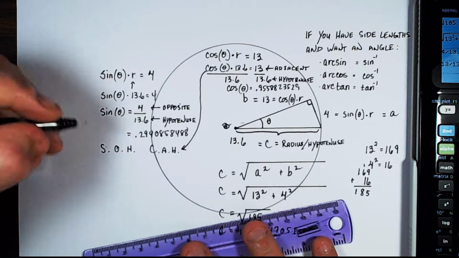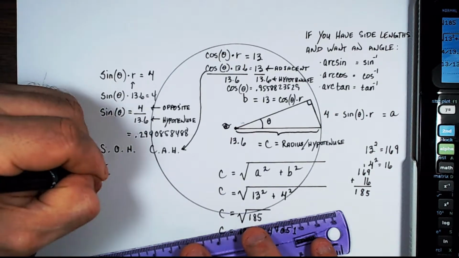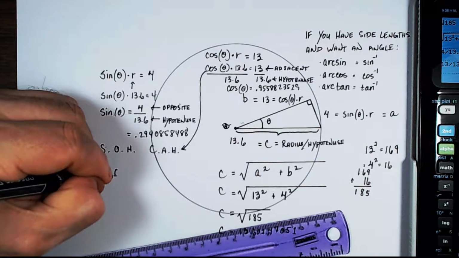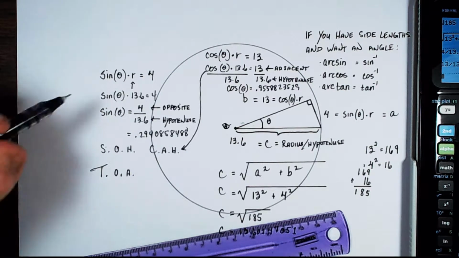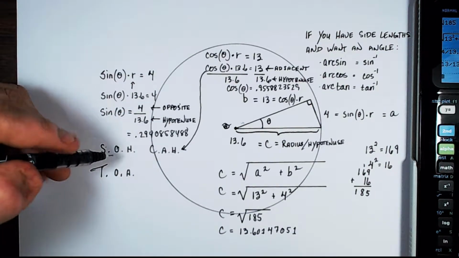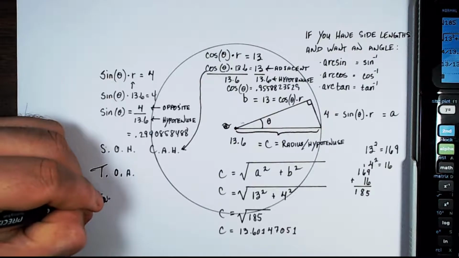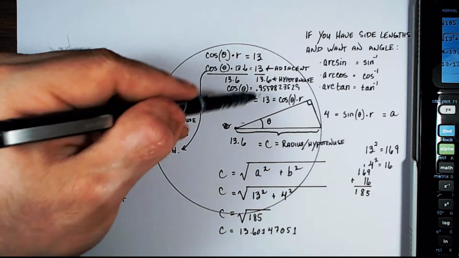Now tangent's a little bit different. Tangent is TOA, or tangent equals opposite over adjacent. So we have a lot of equivalencies here that get confusing. But tangent, it's not visible here. I can't point to it right here.